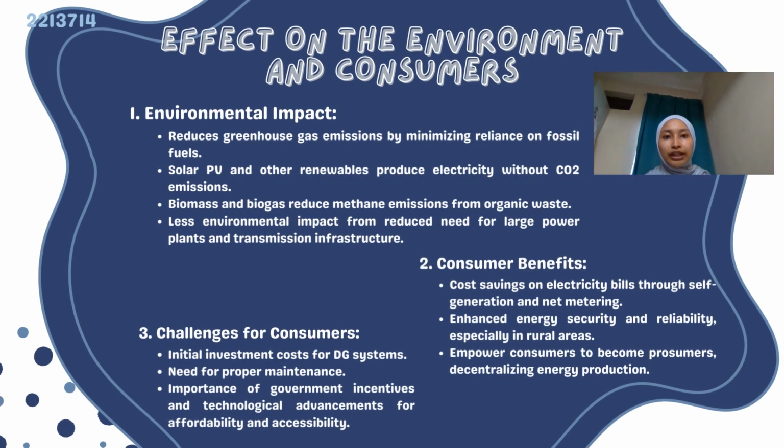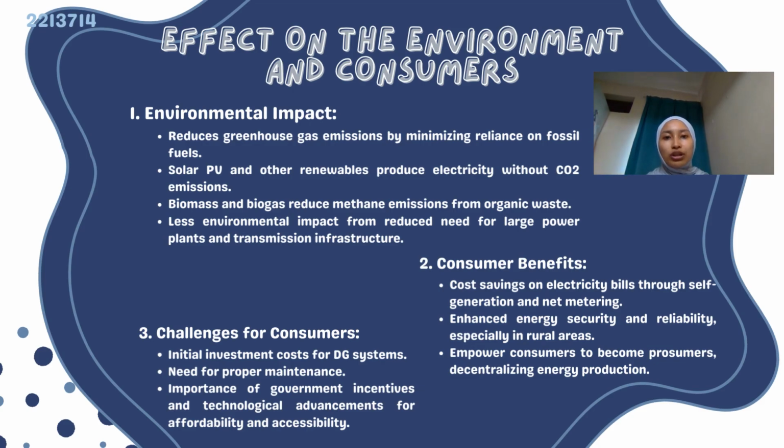Next, effect on the environment and consumer. Impact on environment: distributed generation, DG, particularly from renewable sources, has a positive impact by reducing reliance on fossil fuels. DG helps to lower greenhouse gas emissions and climate change.